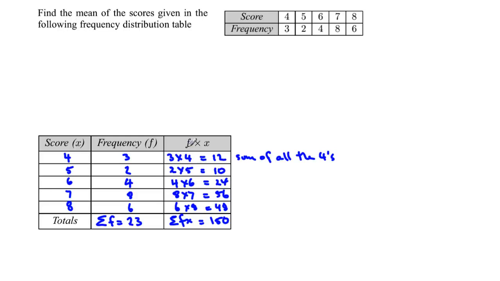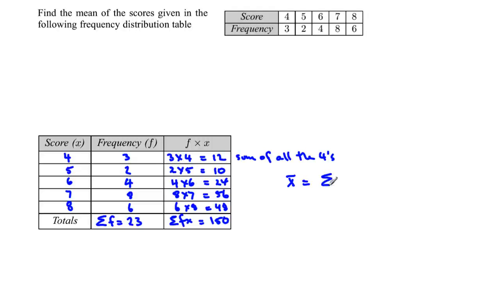Now, the next part of it is to actually write down our solution. So in order to do this, all we need to do is to take the formula for the mean. The mean formula looks like this.